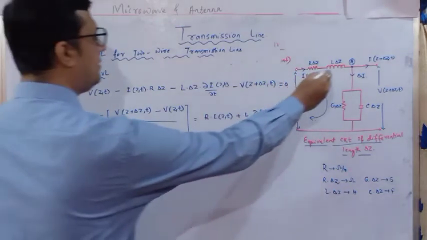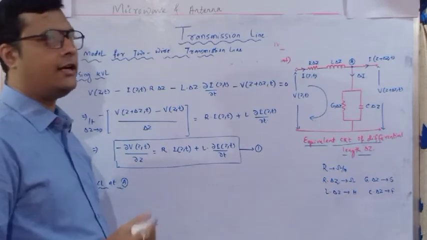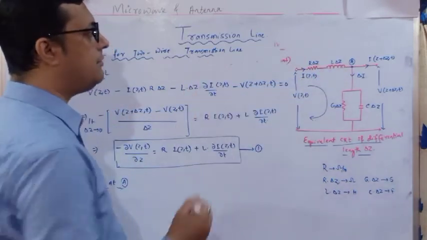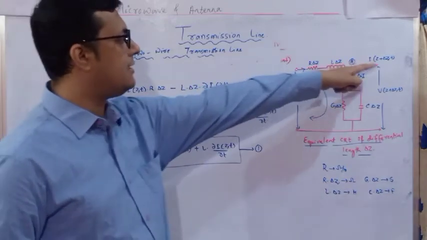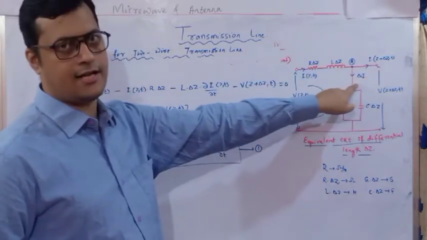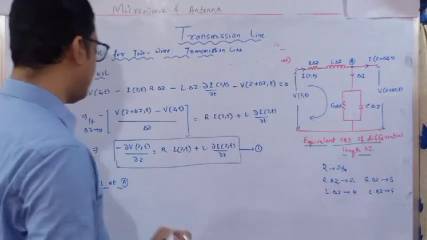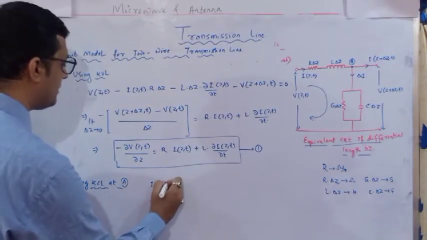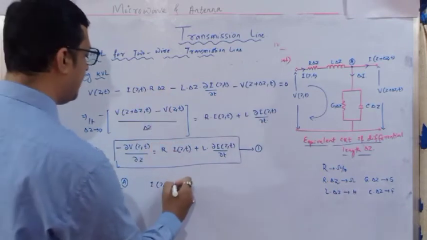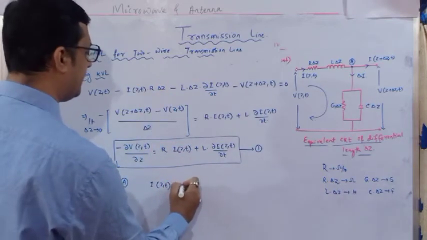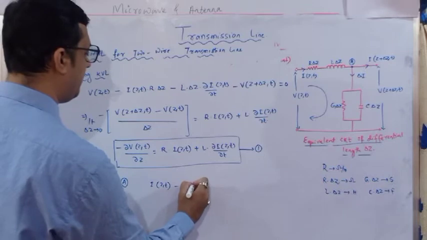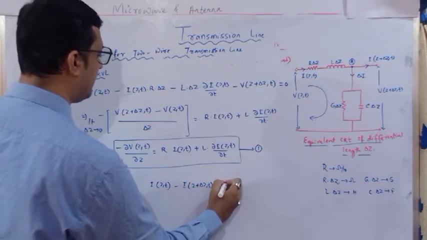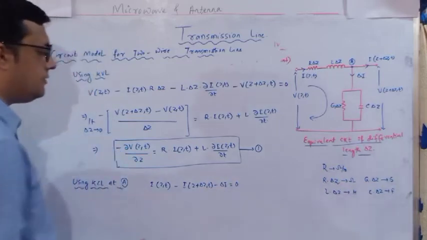In this you can see the input current is I of z comma t, and the two output currents are I of z plus del z comma t, and here it is del I. So I will rearrange this. I will write I of z comma t minus I of z plus del z comma t minus del I equals 0.